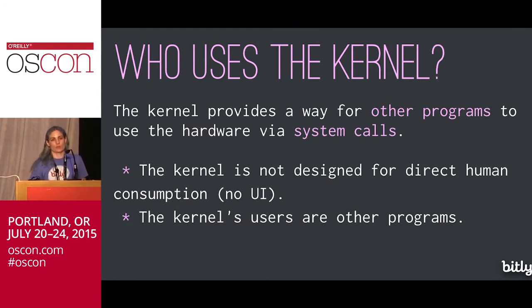So who uses the kernel? Well, the kernel provides a way for other programs to use the underlying hardware via system calls. And system calls allow user programs to perform actions that require kernel privileges in a safe way. So the kernel is not designed for direct human consumption, like there's no user interface. Instead, the kernel's users are other programs.